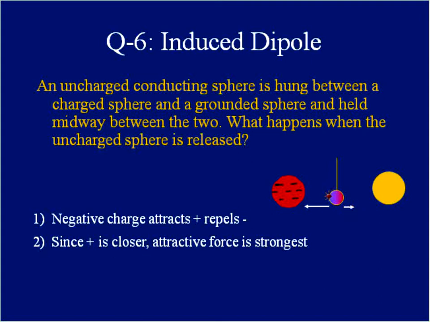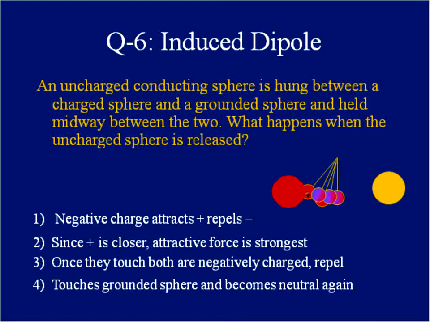Since this side is positive, positive is closer, attraction is more. So it starts moving towards the left. Look at the change in color. The moment it comes in contact, look at this change in color. It was negative, this takes negative charge.